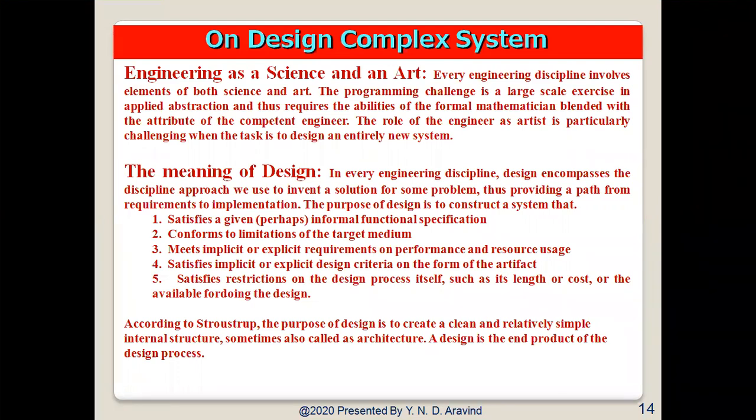Here, the role of the engineer as artist is particularly challenging when the task is to design an entirely new system, especially in the case of reactive systems and systems for command and control. We are frequently asked to write software for an extremely unique set of requirements, often to be executed on a configuration of target processors constructed specifically for that system.